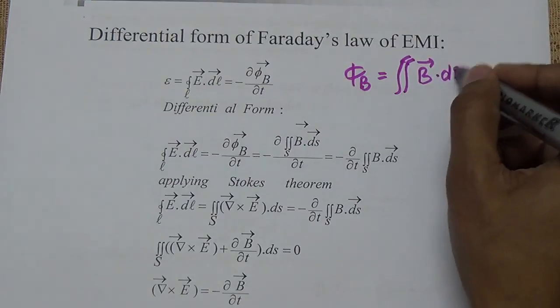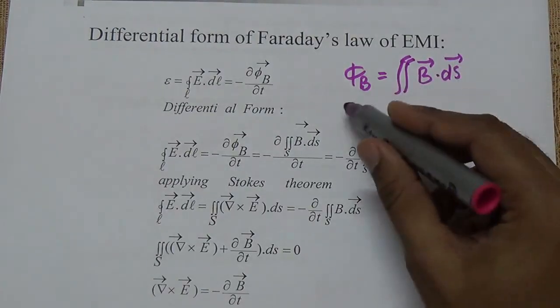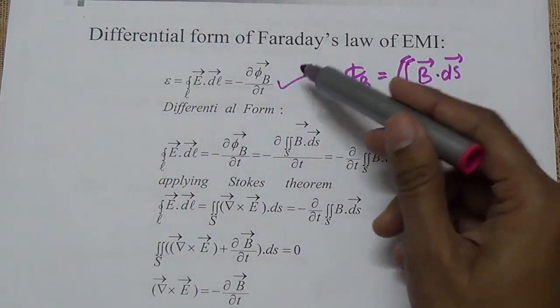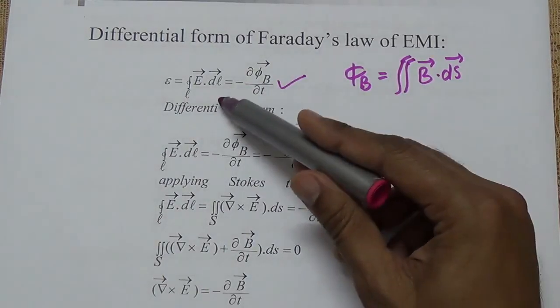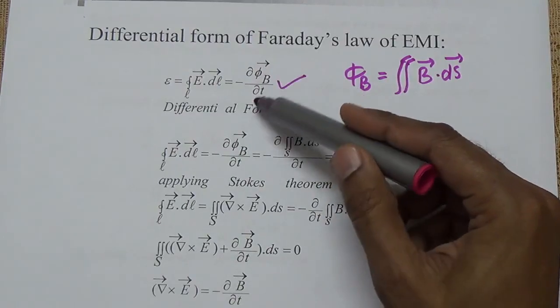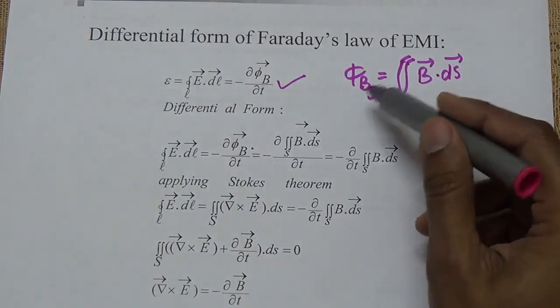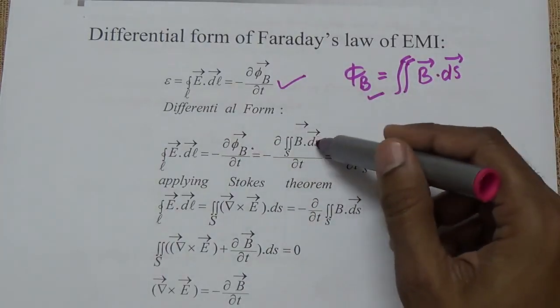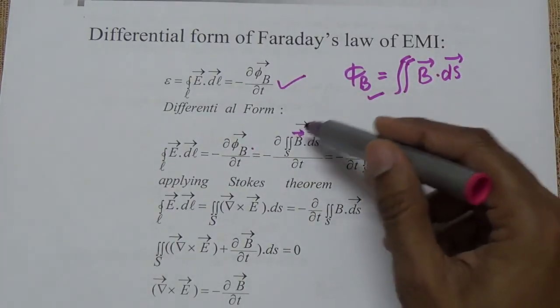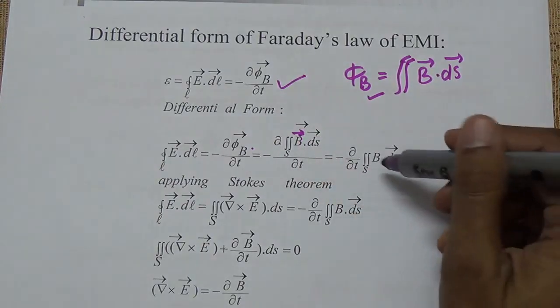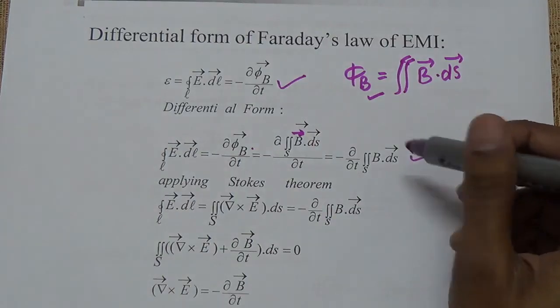Here the area is open, so phi B is equal to the integral of B dot ds. Now closed path integral E dot dl is equal to minus del phi B upon del t. Put the value of phi B from here, and you get minus del upon del t of the integral of B dot ds.